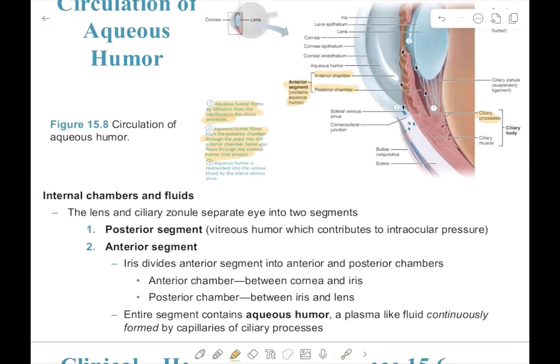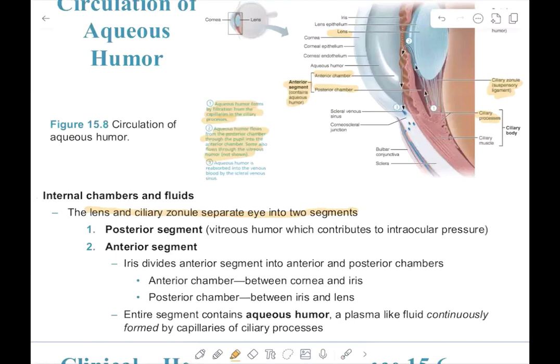So the lens and the ciliary zonule separate the eye into two segments. This is the ciliary zonule, also called the suspensory ligament. And this is the lens here. I'll highlight it for you so you can see it.